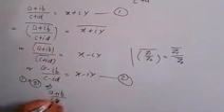Now for the second part, here you multiply equation 1 and 2. If you take the product of first and second, you have a plus ib upon c plus id into a minus ib upon c minus id is equal to x plus iy into x minus iy.